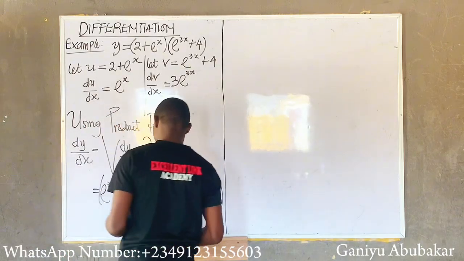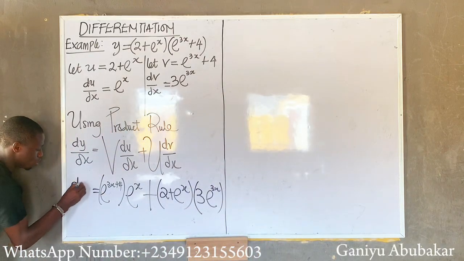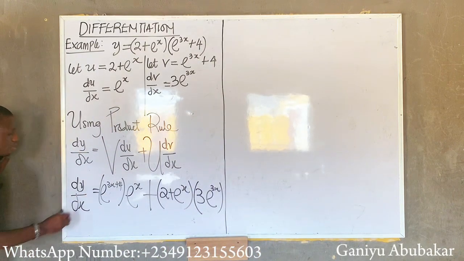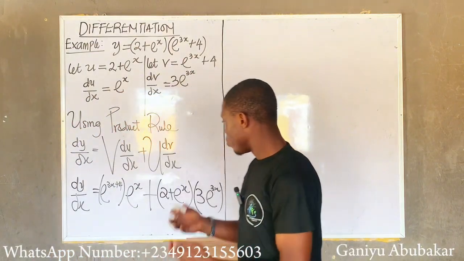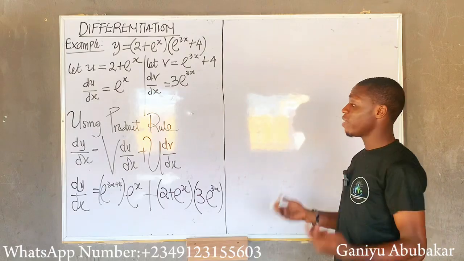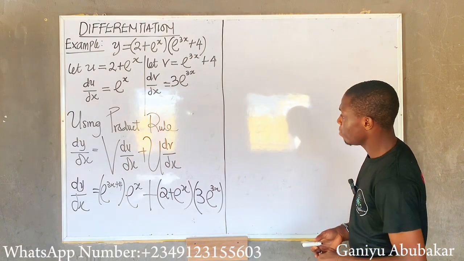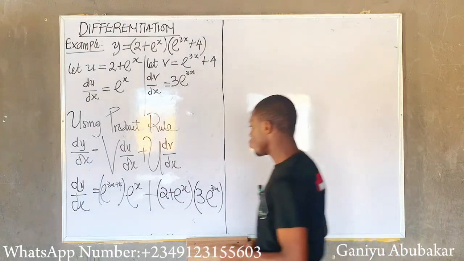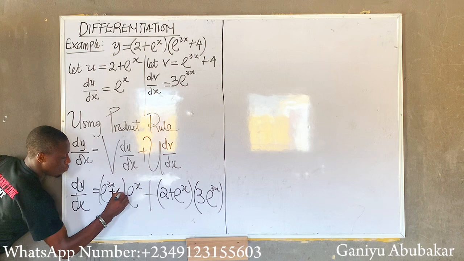So this is my expression for dy over dx. I can leave my answer this way or I can choose to simplify further, and in this case it's proper to simplify further. Sorry, this one here is plus 4, not part of the exponent.